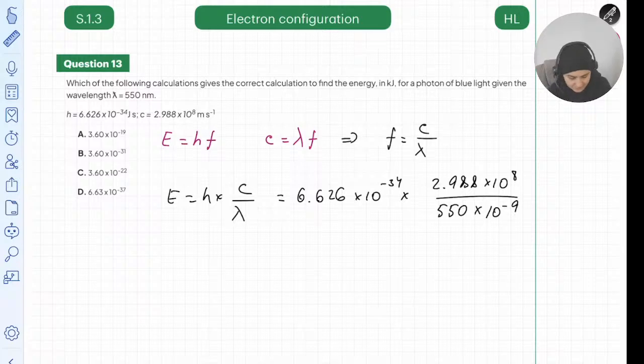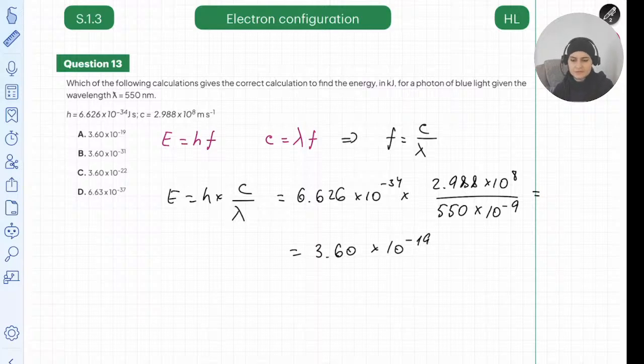Nanometers times 10 to the negative 9, and then we calculate. 6.626 times 10 to the minus 34 times 2.998 times 10 to the power of 8 over 550 times 10 to the power of negative 9, which is 3.60 times 10 to the minus 19.